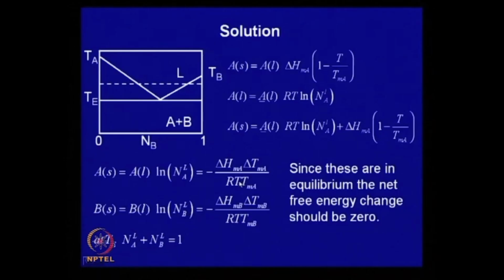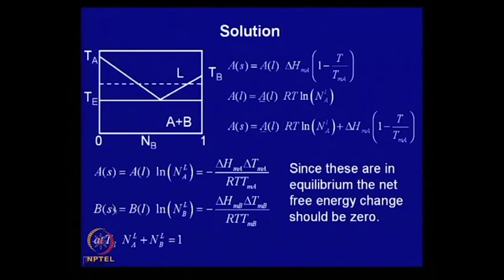Now, all these are known, temperature is fixed. So, it is possible to calculate N_A, that is composition of the liquid, at any given temperature T, and if you do that you will be able to generate this plot.